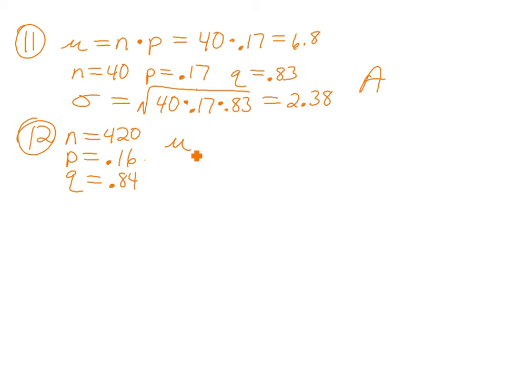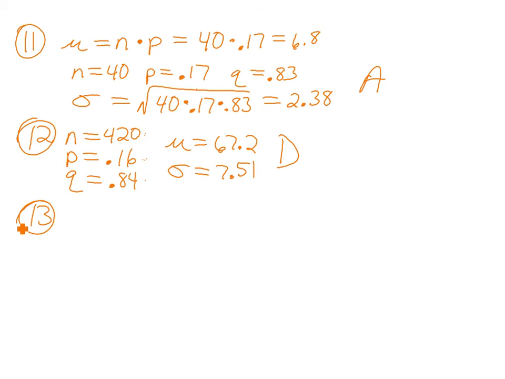We do our mu, which is just N times P, and you come up with 67.2. Standard deviation, you do N times P times Q, and you take the square root of all that, and you end up with 7.51. And let's see here, that is D.